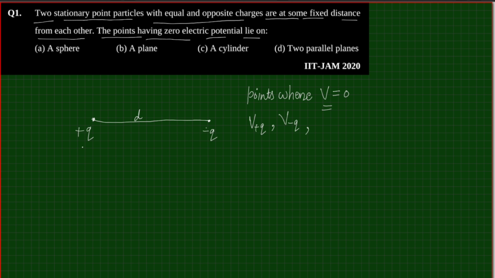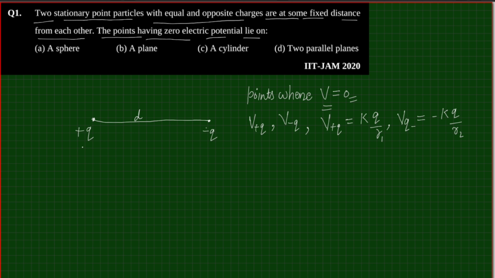So let us first write potential due to plus q, that is given by k q over r. Let's say it is r1. So plus q is r1 distant apart at that point where potential is zero, and potential due to negative charge is minus k q over r2, and the negative charge is r2 distance apart from that point where potential is zero.